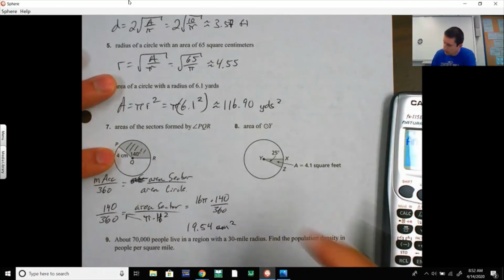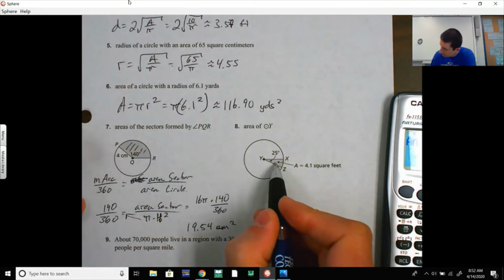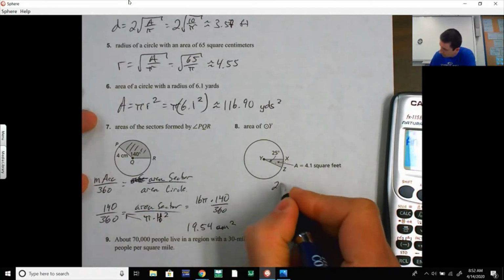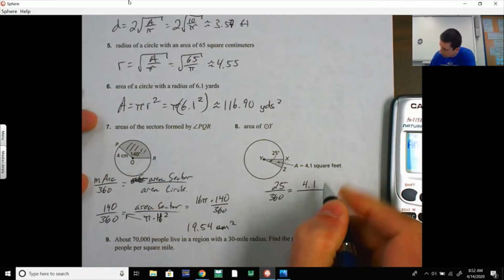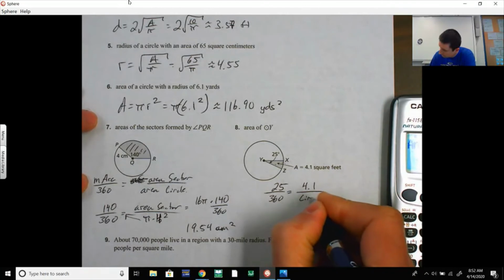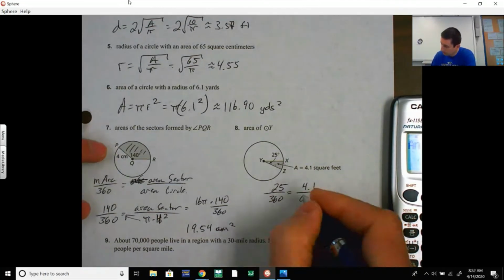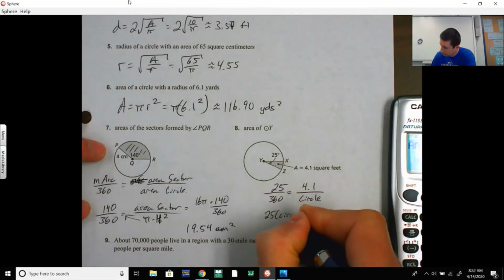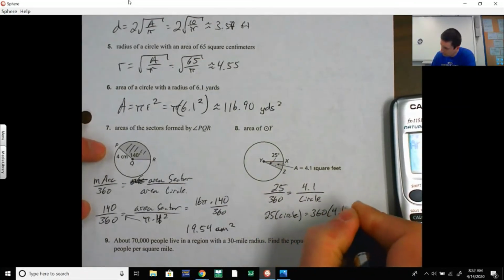Okay, here they want the area of circle Y. Now they're telling us the area of the sector, and they have this angle right here. So the measure of the arc is 25 degrees over 360 equals 4.1 over the area of the circle. Still do your double pickle cross multiply. So 25 times the area of the circle equals 360 times 4.1.